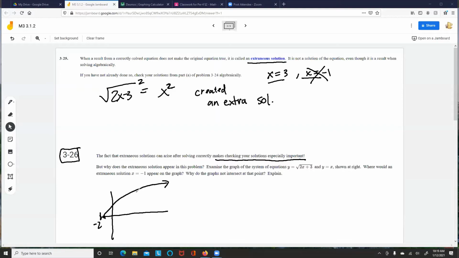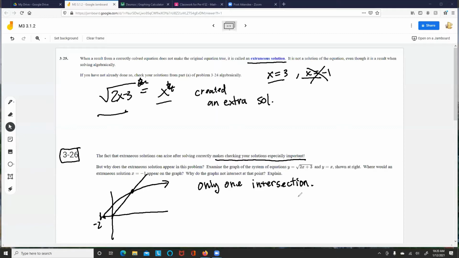And so we graphed the square root equation, this part, and then when we graphed, they don't have squares on them, right? We graphed the square root part. When we graphed the x, how many times did they intersect? Only one intersection. Okay, only one intersection.